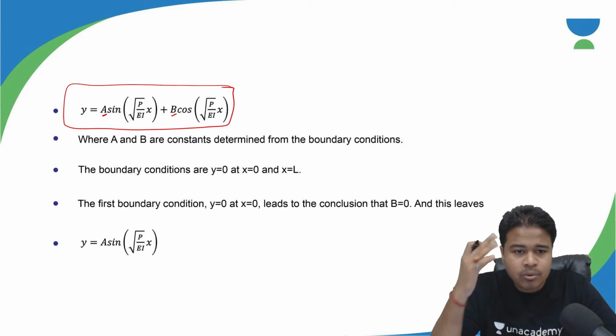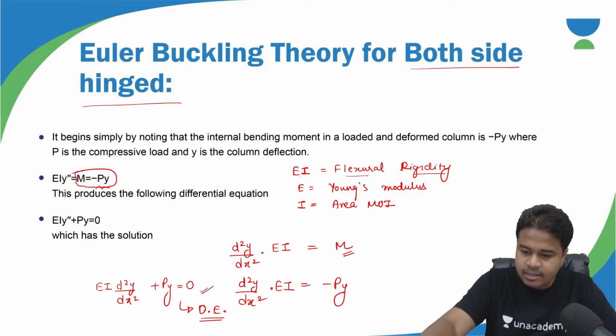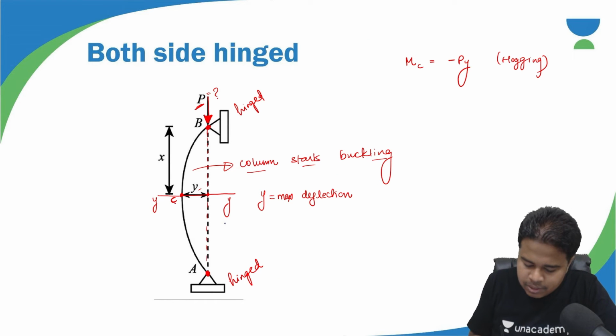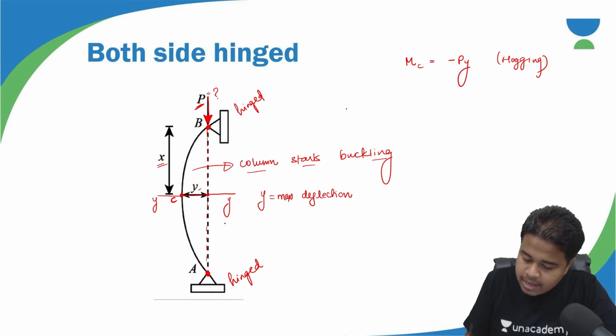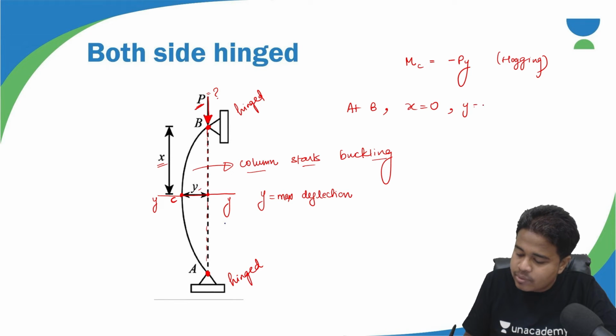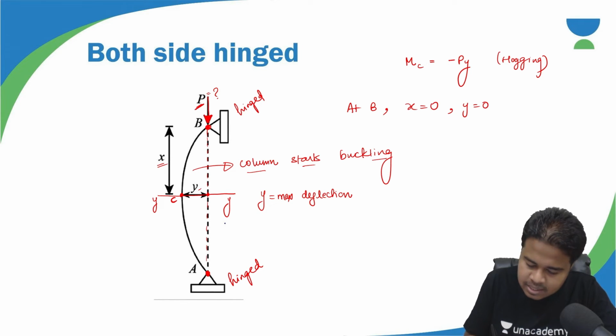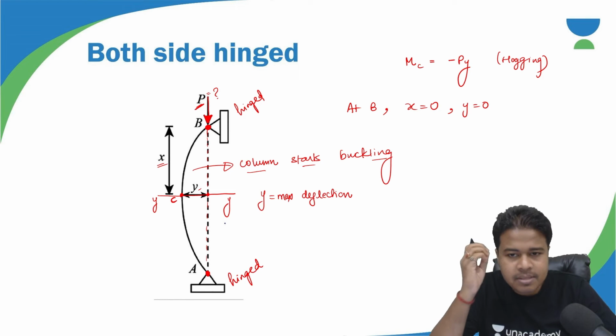Now what are those boundary conditions? You can see here, from b to c point, let's say the distance is x. So at b, that is x equals 0, y equals 0. Obviously the deflection here at b will be 0.